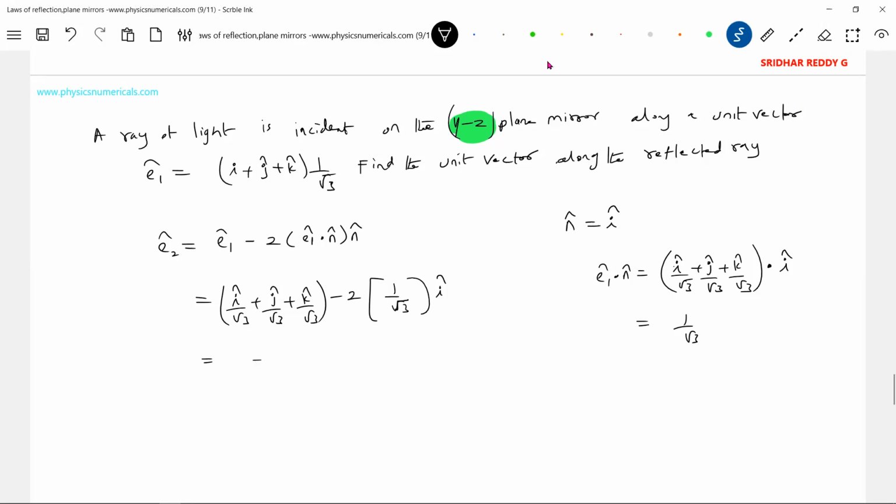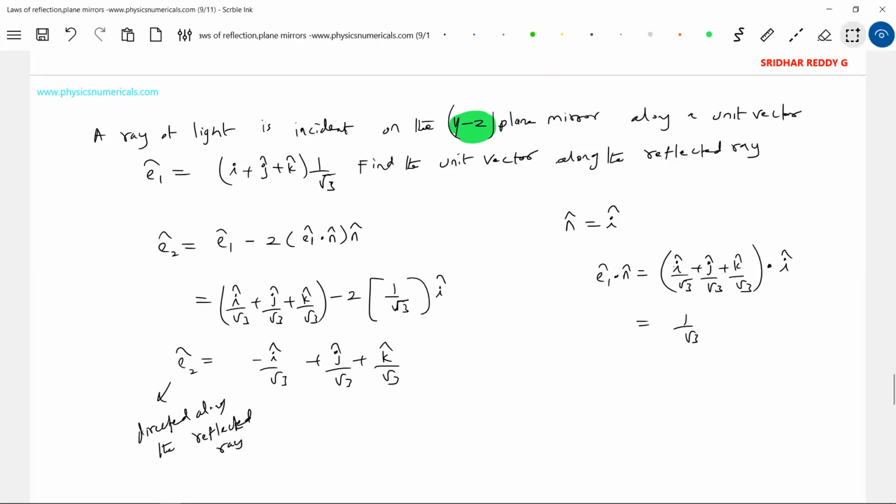So 1 minus 2, so this will be minus 1 by root 3 I cap. Okay, this is the direction of the reflected ray.